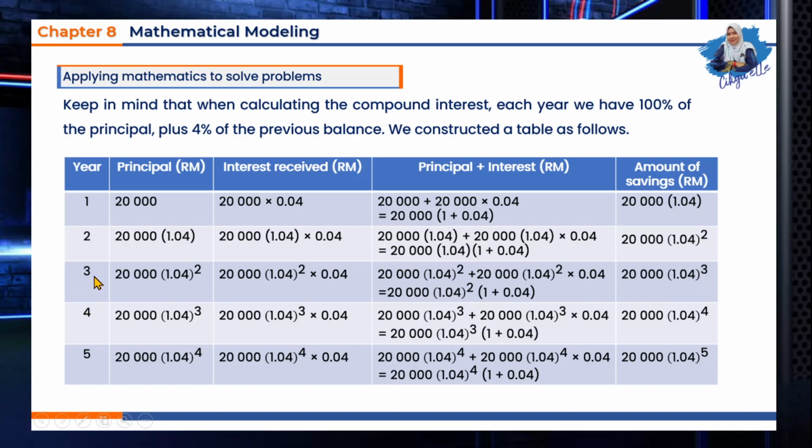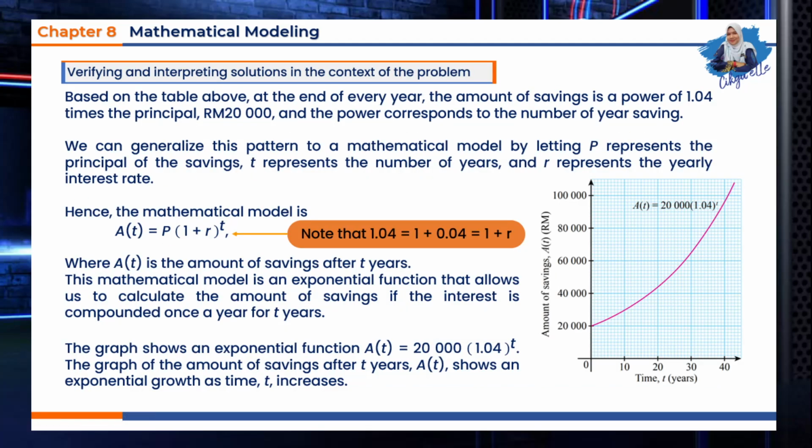We can generalize these patterns into a mathematical model by letting P represent the principal of the savings, T represent the number of years, and R represent the yearly interest rate.